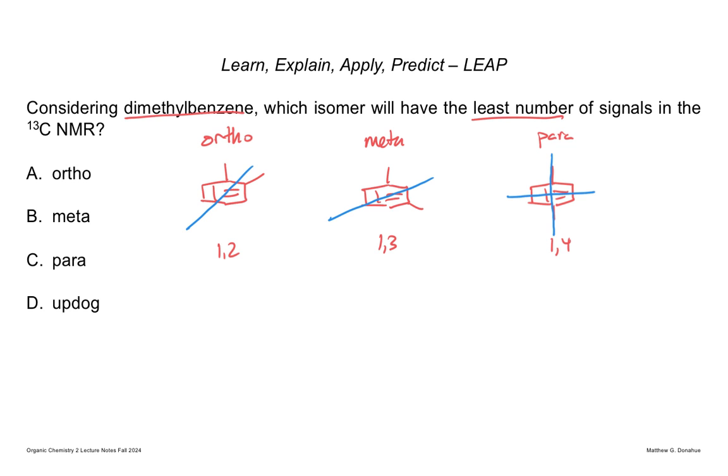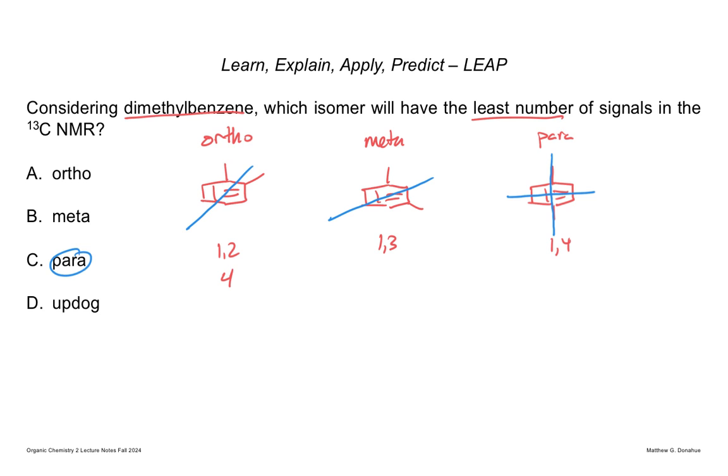The correct answer is going to be para, but let's just go ahead and count for each so that we verify that. So in the ortho, we have 1, 2, 3, 4. So these mirror each other, these mirror each other, these, and then these. So ortho substituted is going to have 4.